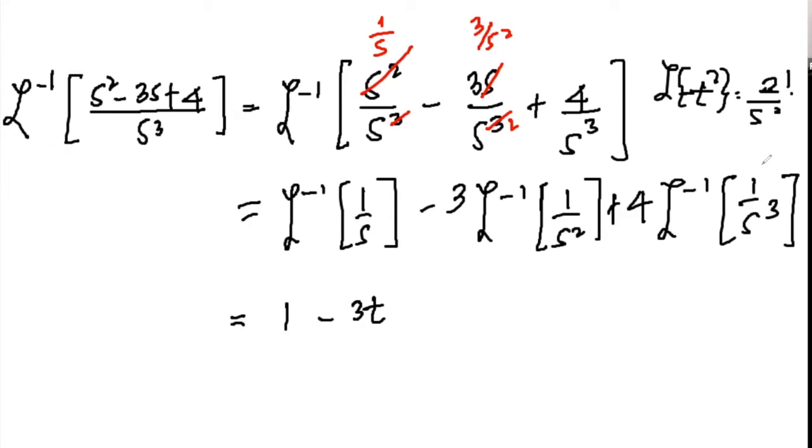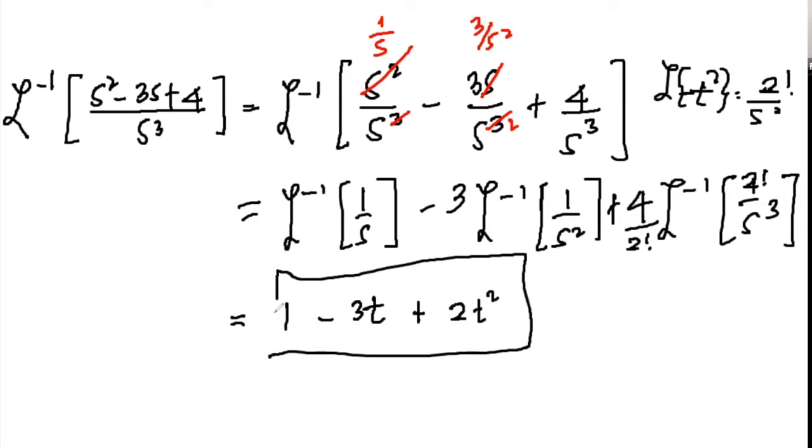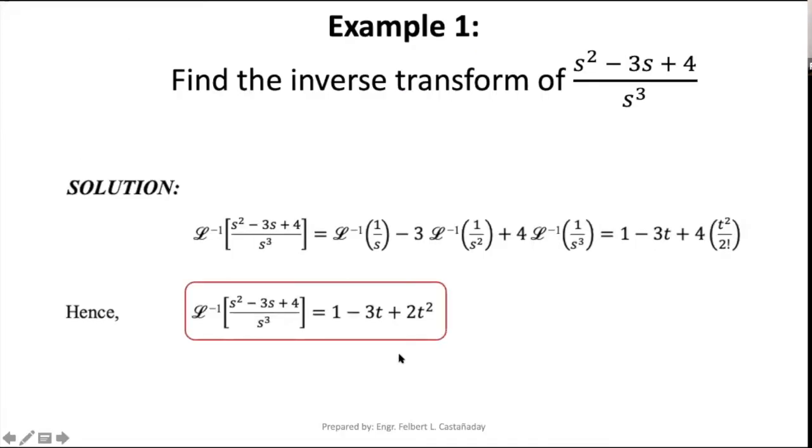But if you put 2 factorial here, you have to make sure that you neutralize it outside. So it's still the same, we have 1 over s cubed times 4. The answer there is plus 4 divided by 2, which is 2t squared. So this is the final answer, the inverse transform of this given F of s. Or you can arrange the given f of t from the highest degree of t.